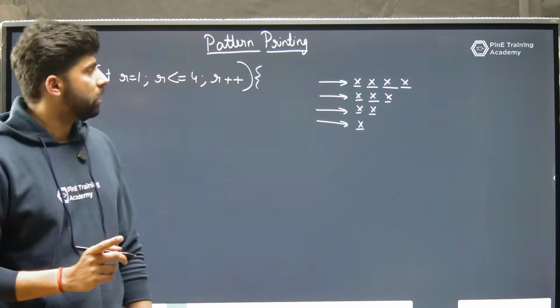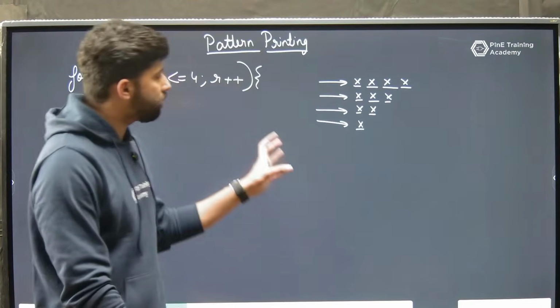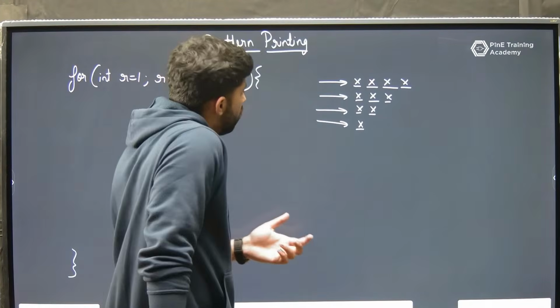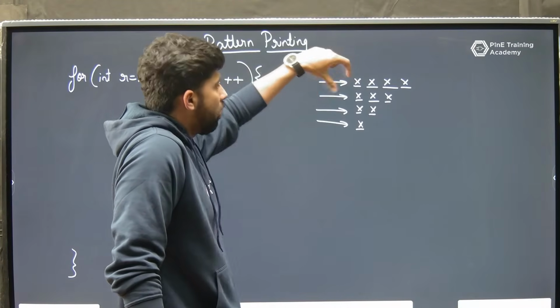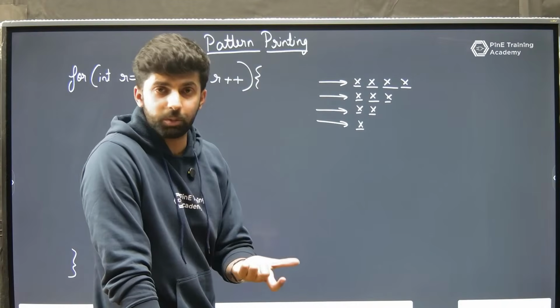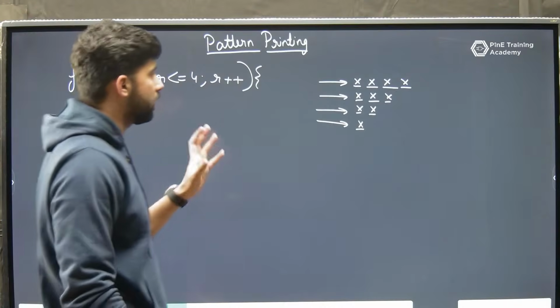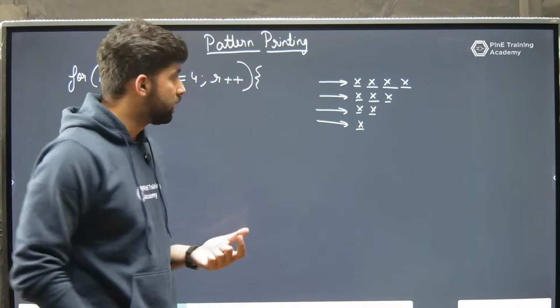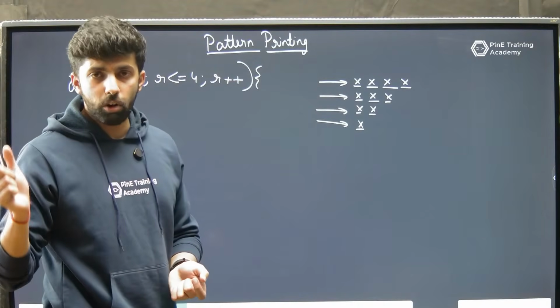Unlike the previous pattern, in this one we can't find any such logic that if the row number is 1, we have 1 column, and if the row number is 2, we have 2 columns. It was true for the previous pattern, but it is not true for this pattern.